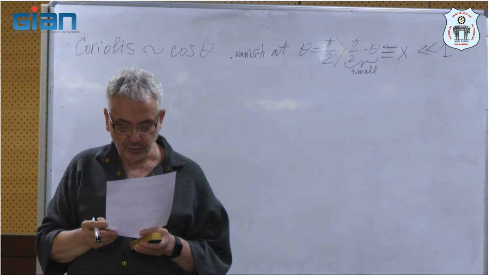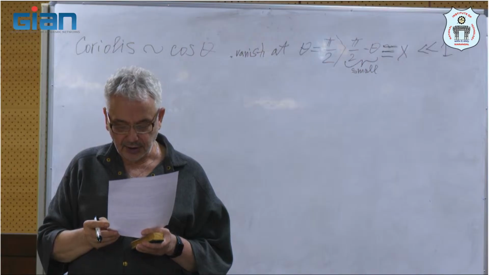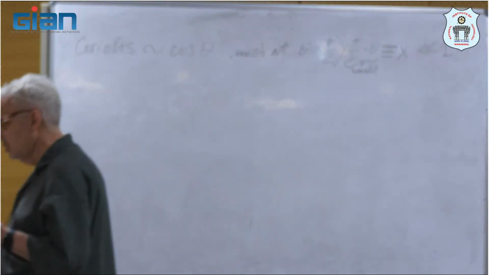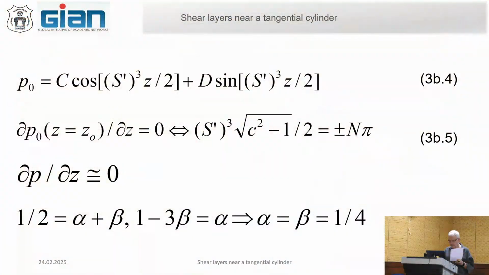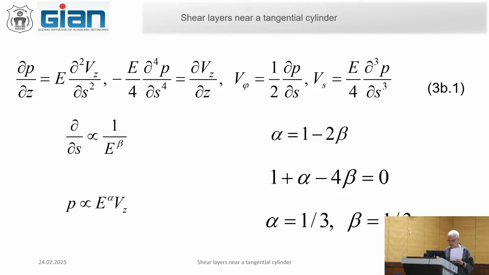Then from the last two equations, 3.1 and 3.2, there are two equations here, this one and this one, which we didn't use actually, but now it's time to use them.